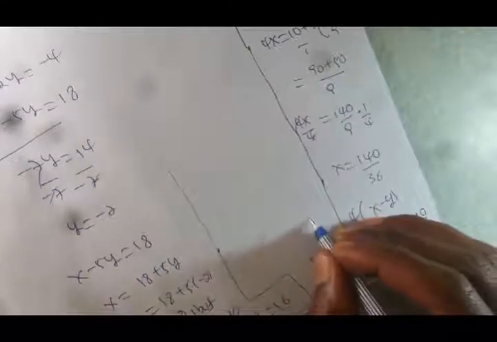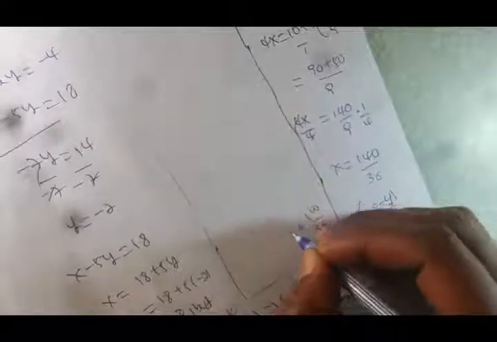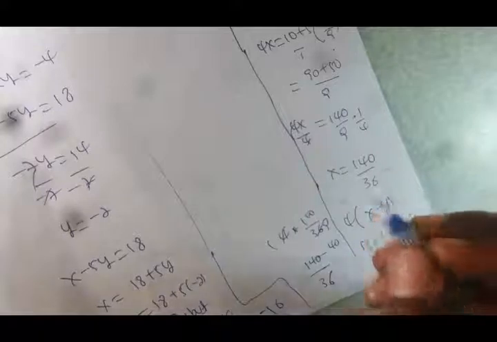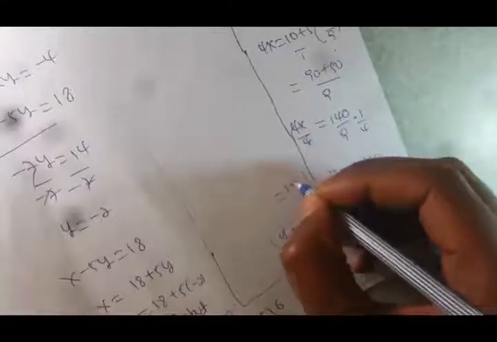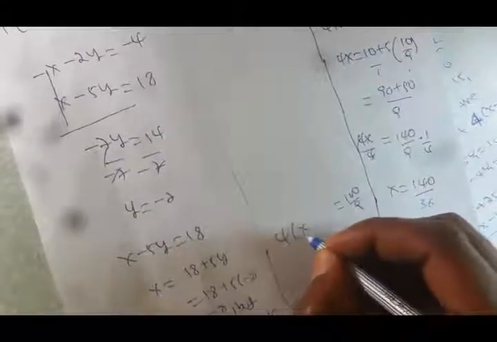Therefore, the value will be 100 over 9. So the value of 4 times x minus y is equal to 100 over 9.